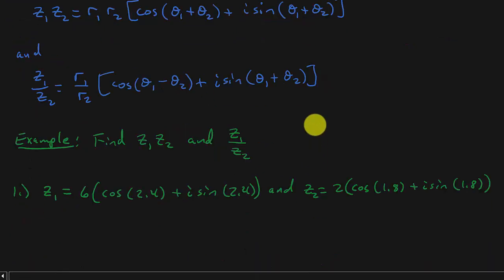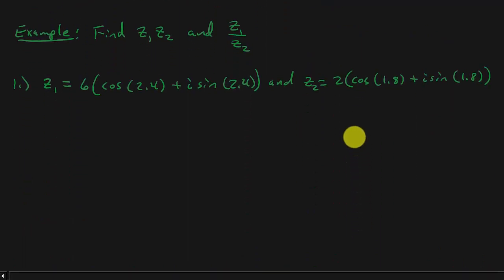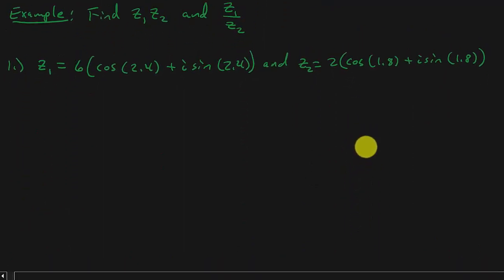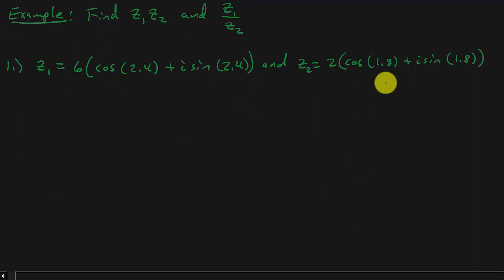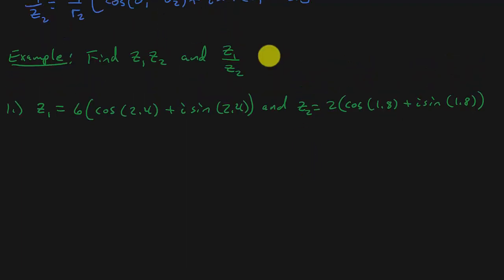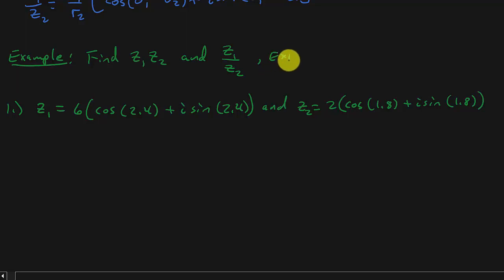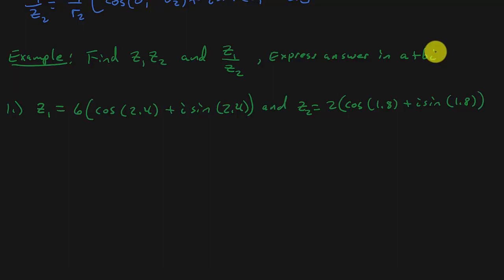All right, so let's take a look at these examples here. They want us to multiply them, and then they want us to divide them. I didn't write all of the directions, but they want us to express the answer in a plus bi form.